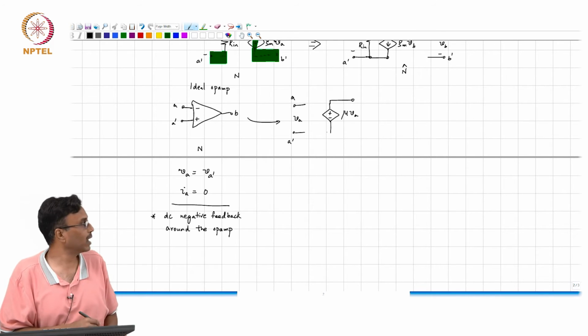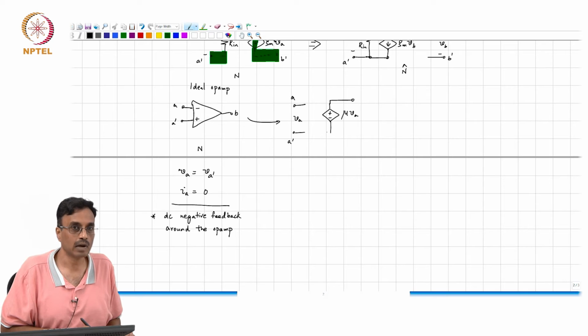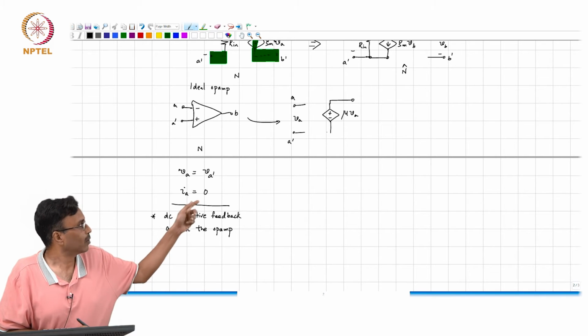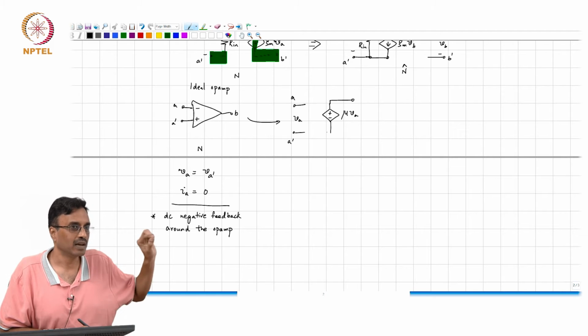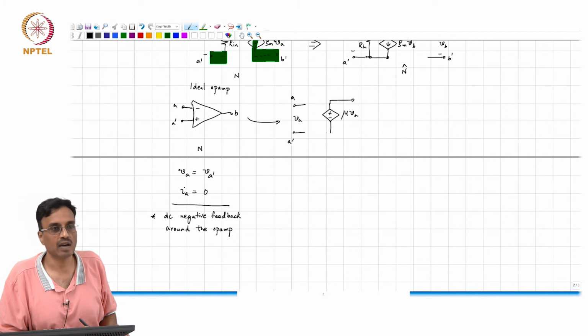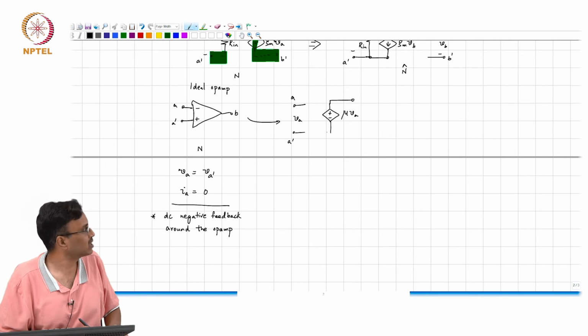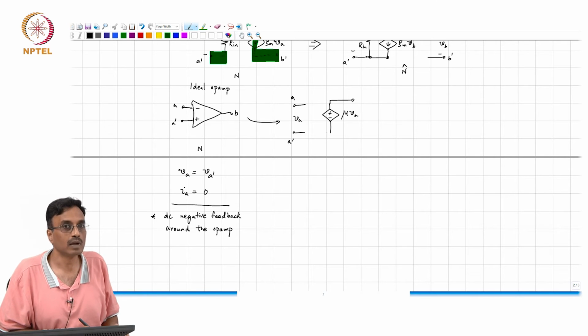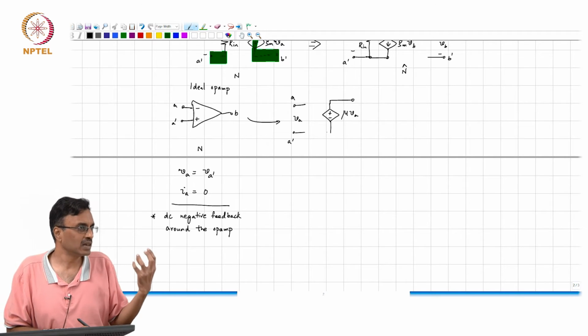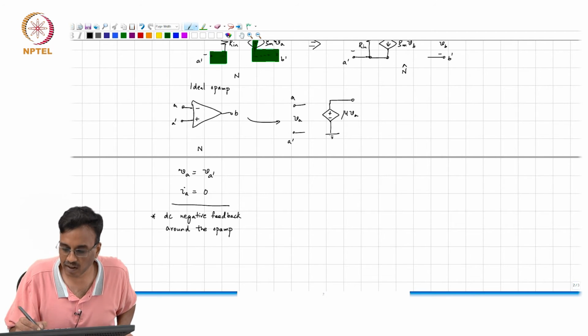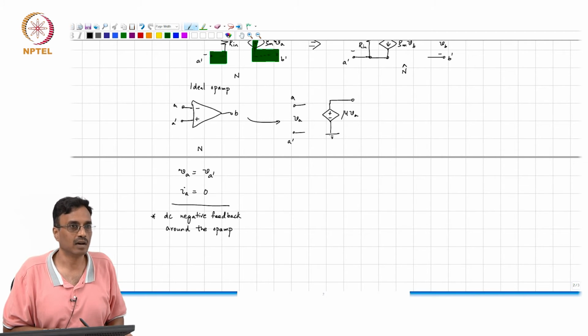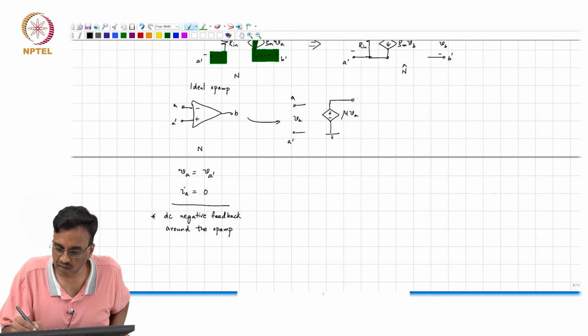But what comment can we make about the ideal op amp? Well, from the picture you see that it is only B which is accessible. What is happening to B prime? B prime is internal to the op amp and is therefore not accessible. It is a ground, but it is internal to the op amp and not accessible. So, this is B.